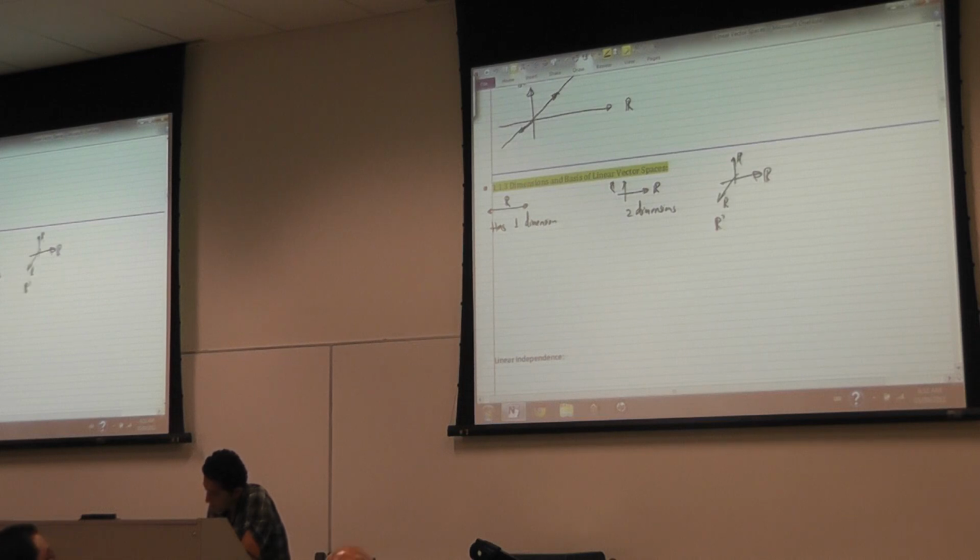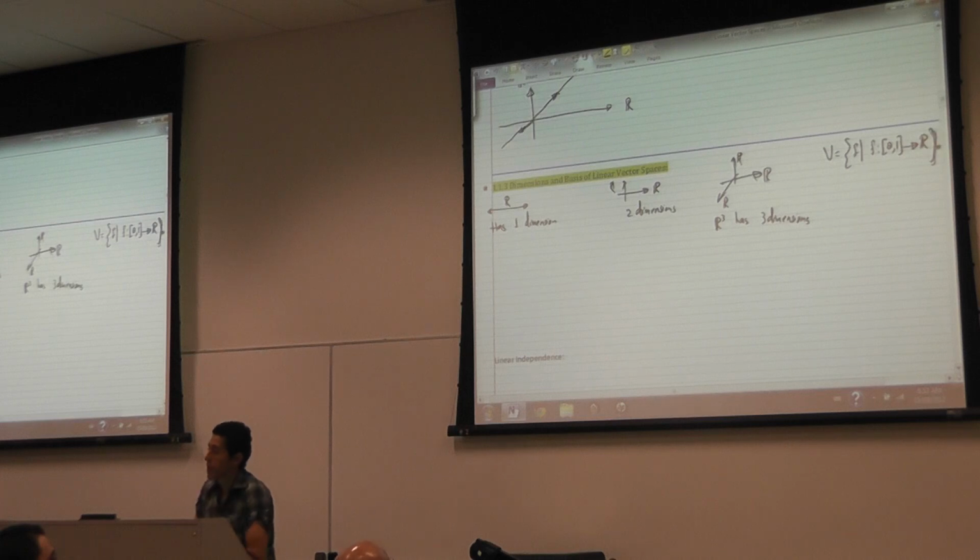R3 has 3 dimensions. Can those who are still awake tell me what you think the dimension of this linear vector space is that I just wrote on the board?